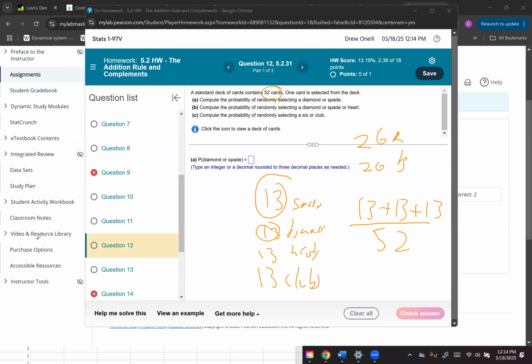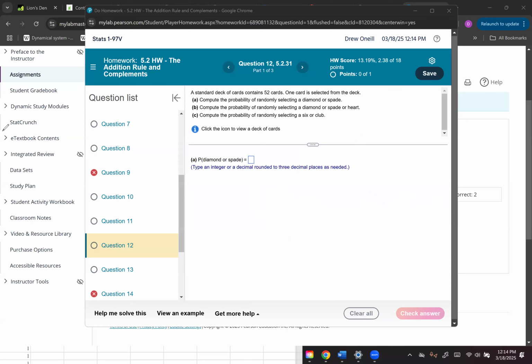Let's look at the last one. Compute the probability of randomly selecting a 6 or a club. How many 6s are in a deck? There's 4. How many clubs? There's 13. So we would think it's 13 plus 4 divided by 52, except there's 1 6 that is a club. So let's write this out.